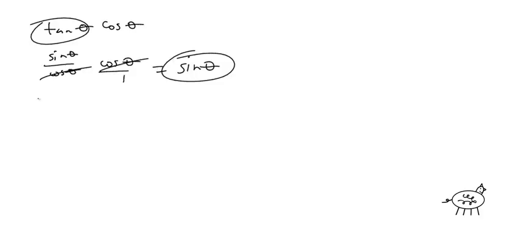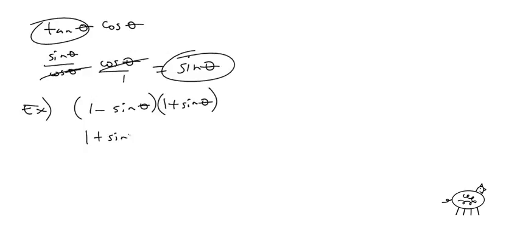Right? Pretty easy. Okay, let's do another example. 1 minus sine of theta times 1 plus sine of theta. Well, what are you going to do? You're going to FOIL it out, of course, right? So I get 1 plus sine of theta minus sine of theta minus sine squared of theta.